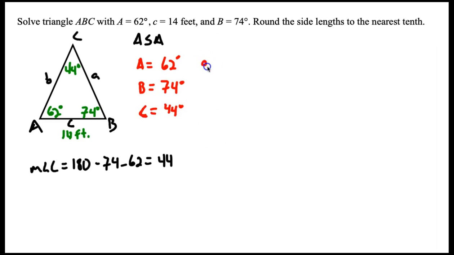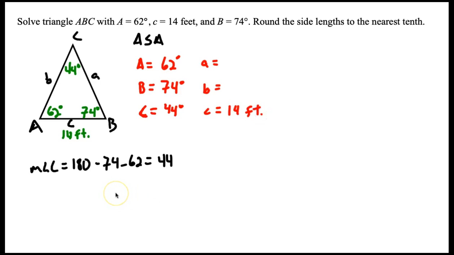Then we also want to write our three sides. Side A, we don't know. Side B, we don't know. Side C, we already know is 14 feet.